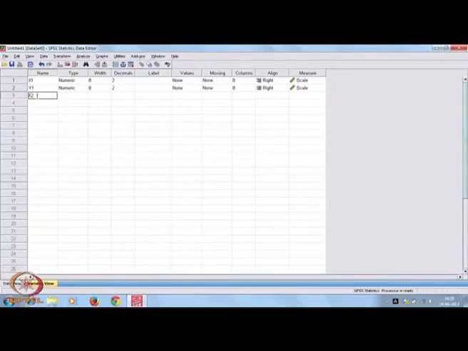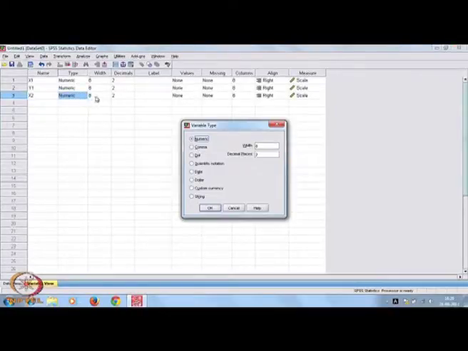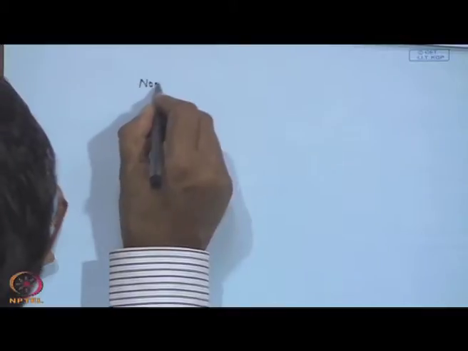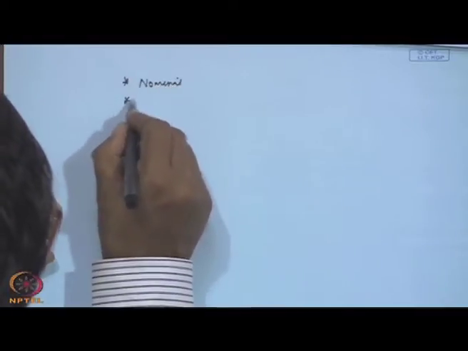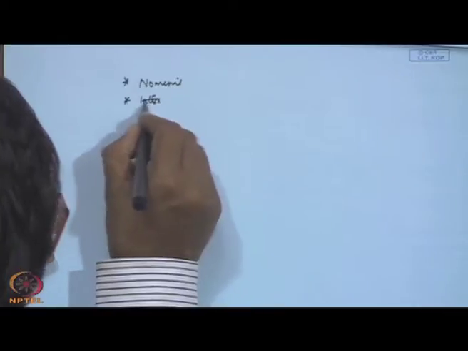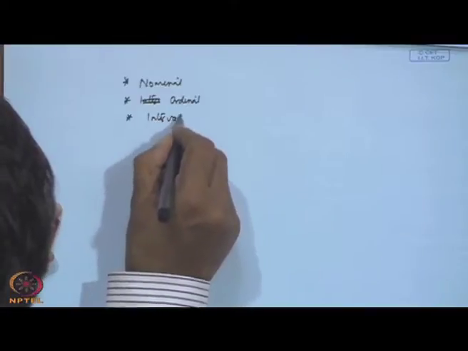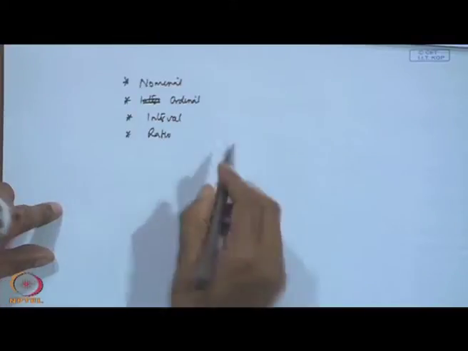Then you put x2, let this one be a string variable. The symbol of string variable is like this, and when the measurement is nominal, that is why the string. I think you can recollect what we have discussed in data types: nominal, ordinal, then interval, then ratio.